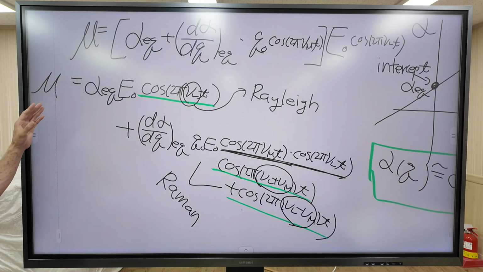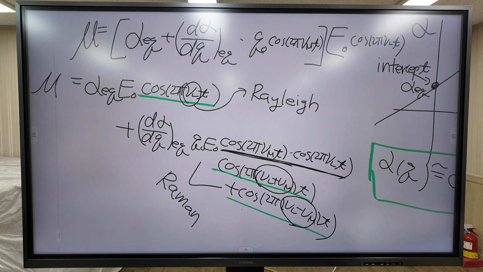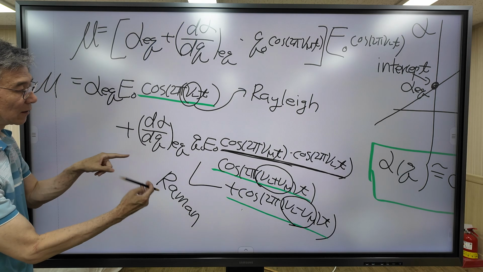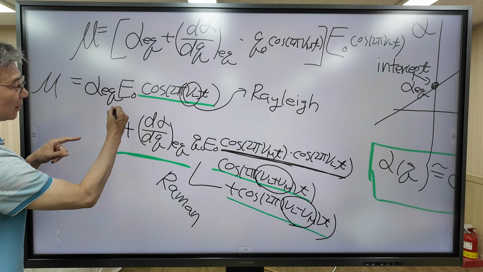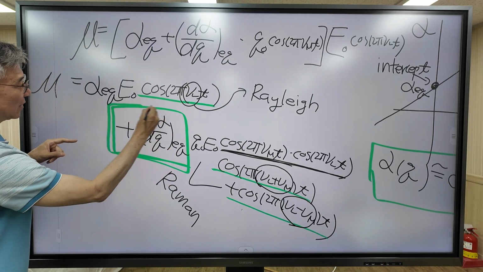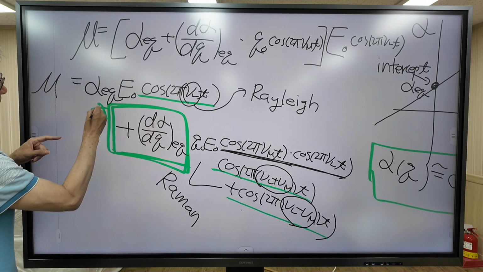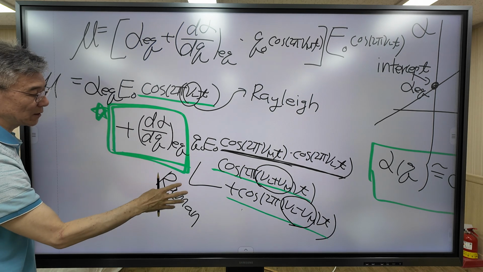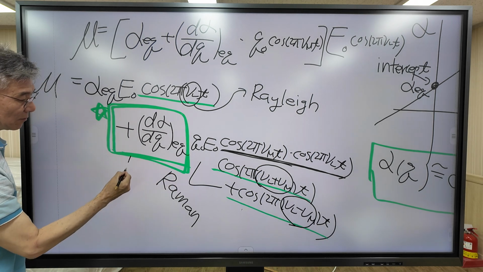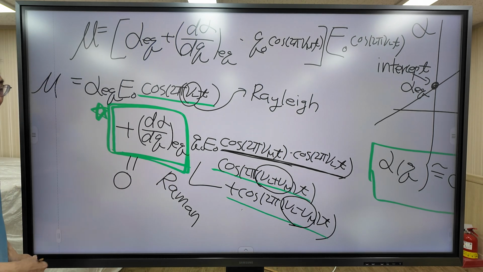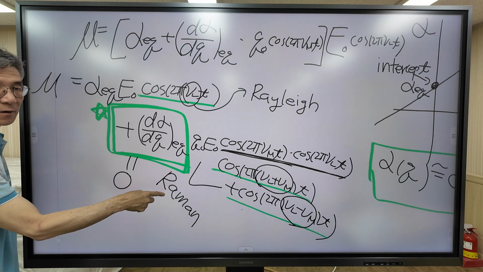So we can explain the Raman scattering process in terms of classical mechanics. Now, the critical point is that in the Raman term, there is a prefactor, this one. This is the most important term in this equation. In the prefactor of the Raman term, this term must survive for the Raman term to survive.